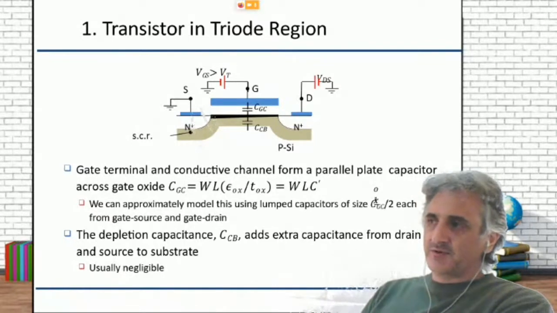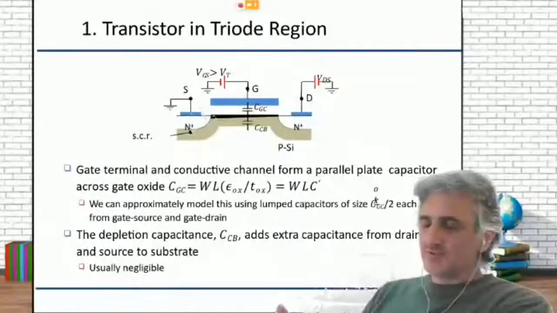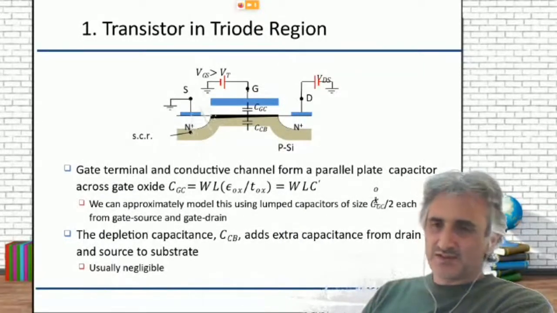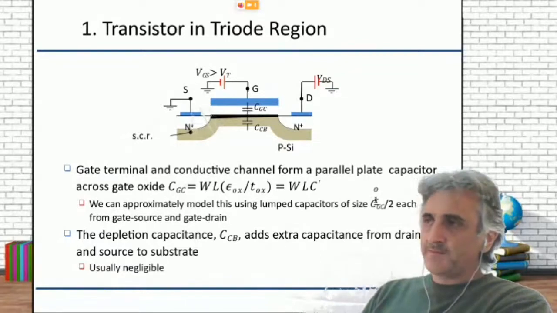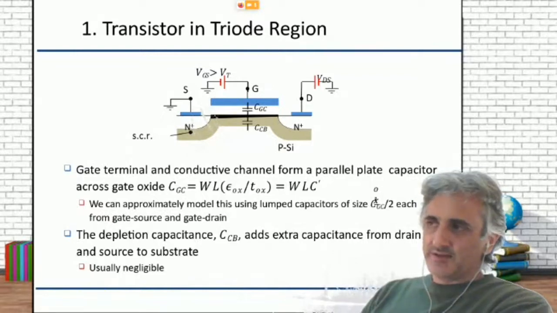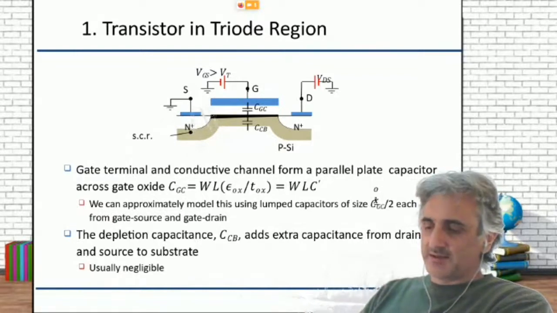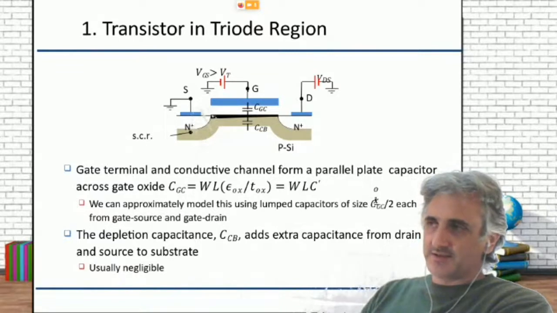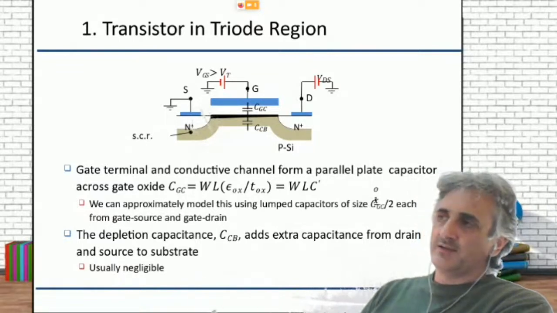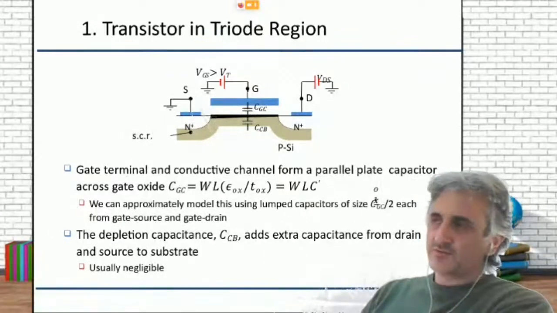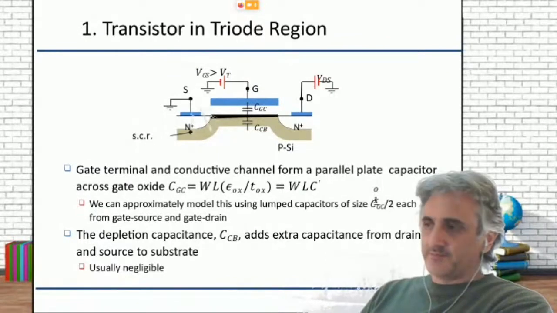The capacitance from the channel is nearly zero, negligible. So instead of having one single capacitor between the gate and the channel, we divide this gate to channel capacitor into two different capacitors: one from gate to source, and the other from gate to drain.